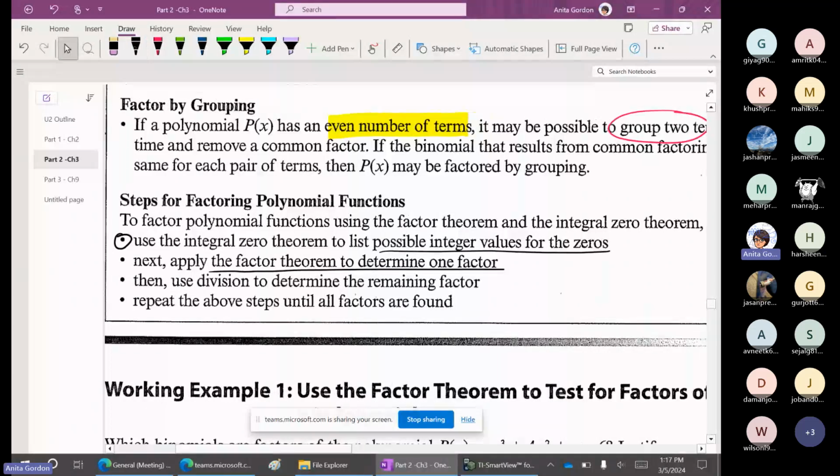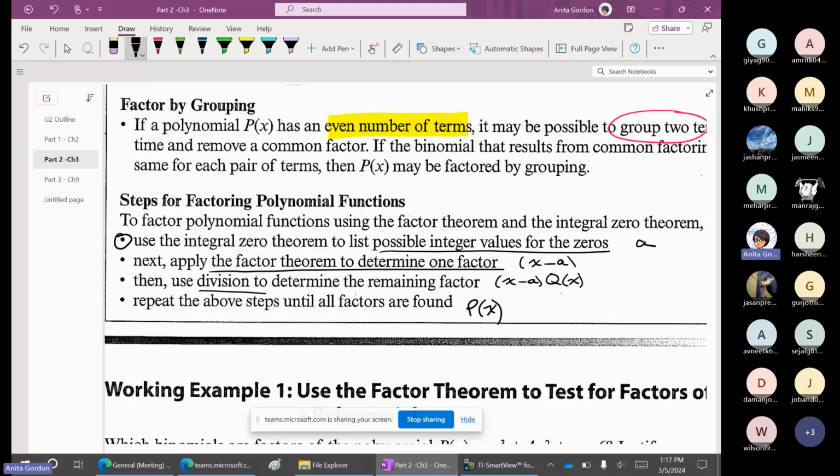So this tells us what a is. This tells us the factor x minus a. And then we use division to find the quotient, x minus a, what is left over, q of x. And then we repeat it and repeat it until our polynomial is made up of only factors of x.